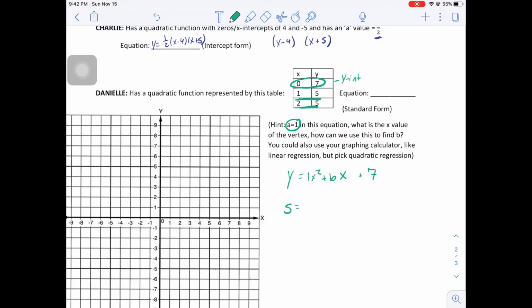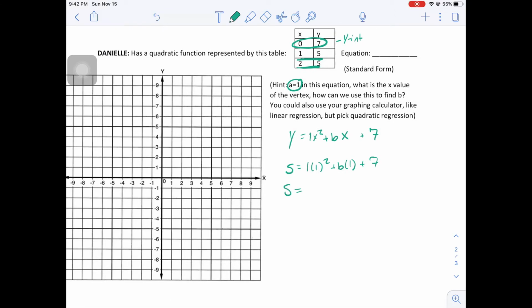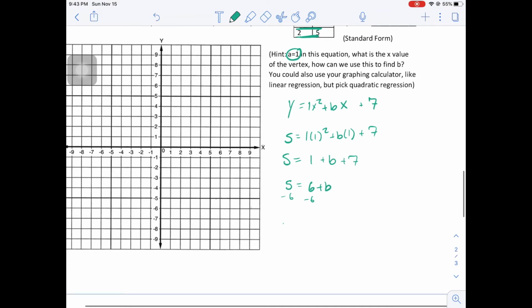We know the a value, so really the only value we don't know is b. So then let's plug in a point. So I don't know, (1, 5). So 5 is equal to 1 times 1 squared plus b times 1 plus 7. So 5 is equal to 1 times 1 is 1 plus b plus 7. So that's 5 is equal to 6 plus b. So we subtract 6. So that gives us -1 is equal to b.